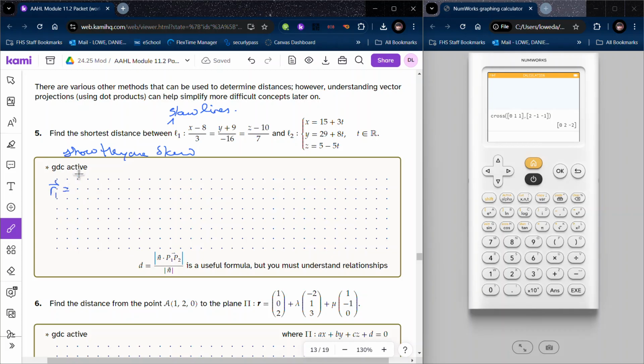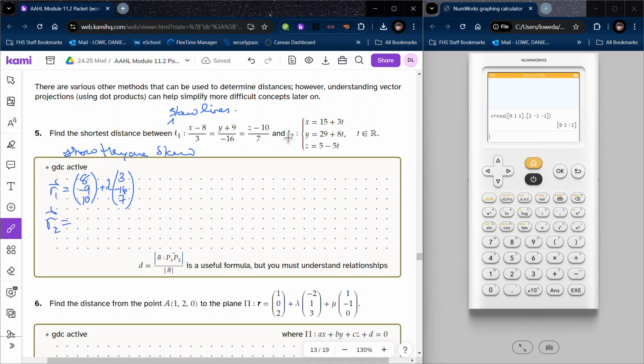So line 1 is given by an x-coordinate of 8, a y-coordinate of -9, and a z-coordinate of 10, and has directionality 3, -16, 7. Okay.